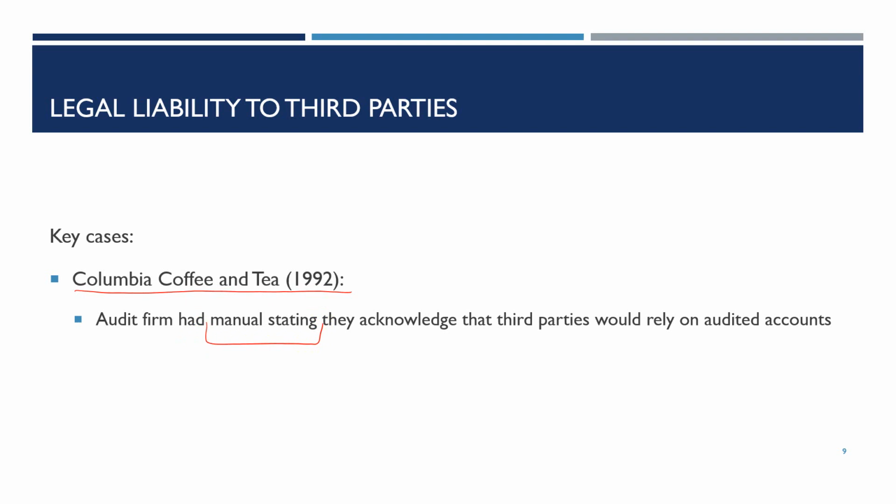So the findings of this case were that there was a duty of care owed to the third party. The auditor was held liable because in this case the firm acknowledged that third parties may rely on the audited accounts of their clients. And therefore, this case made it significantly easier for third parties to establish that an auditor owes them a duty of care.